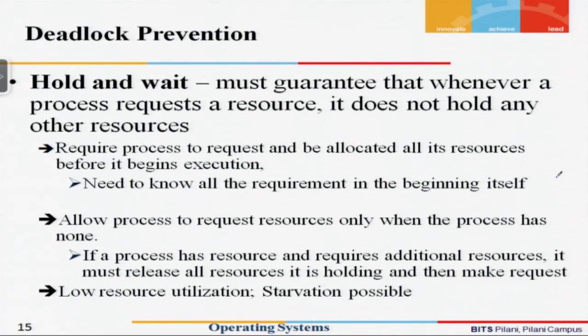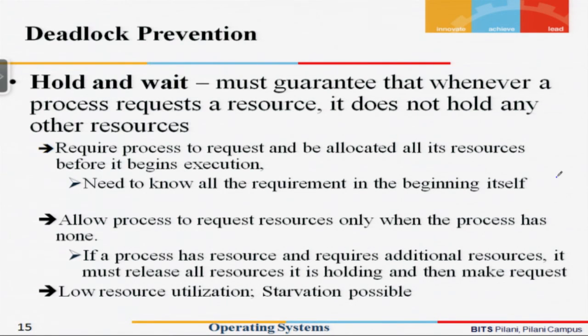That is how it can be avoided, because deadlocks occur when a process is holding some resource and waiting for another resource. So to avoid it, we don't allow a process to make a request when it is holding other resources.